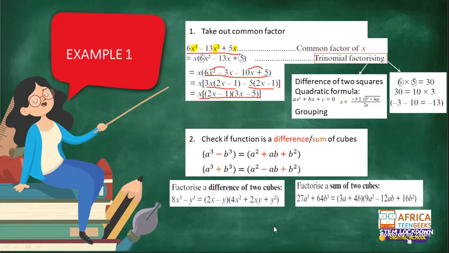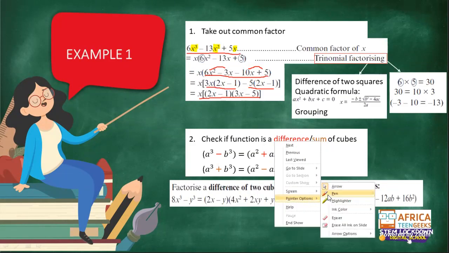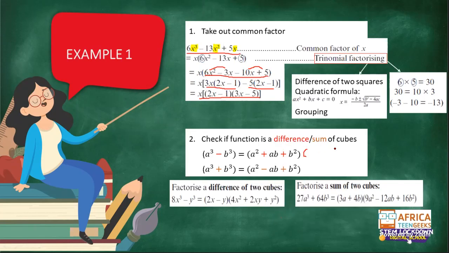So you have your A and your B. This is just a shortcut of finding your factors.